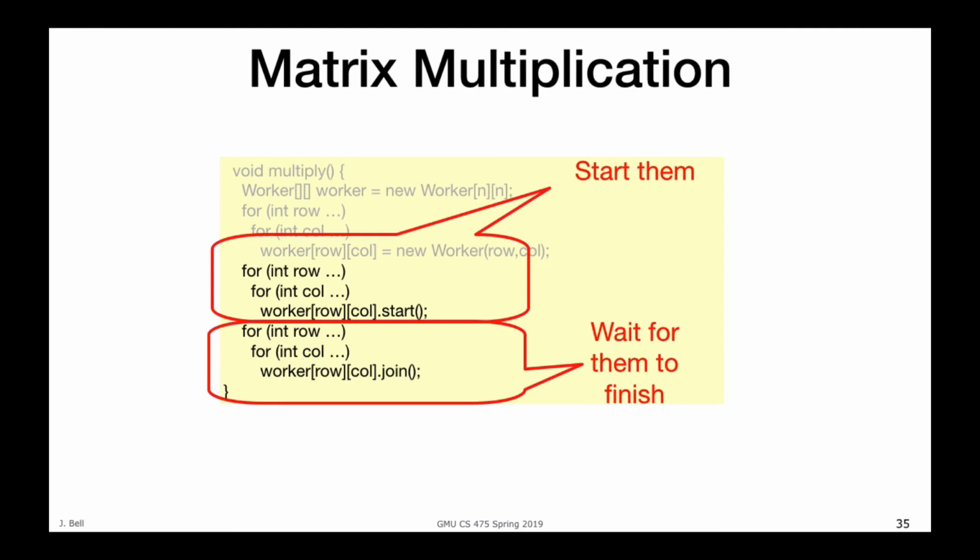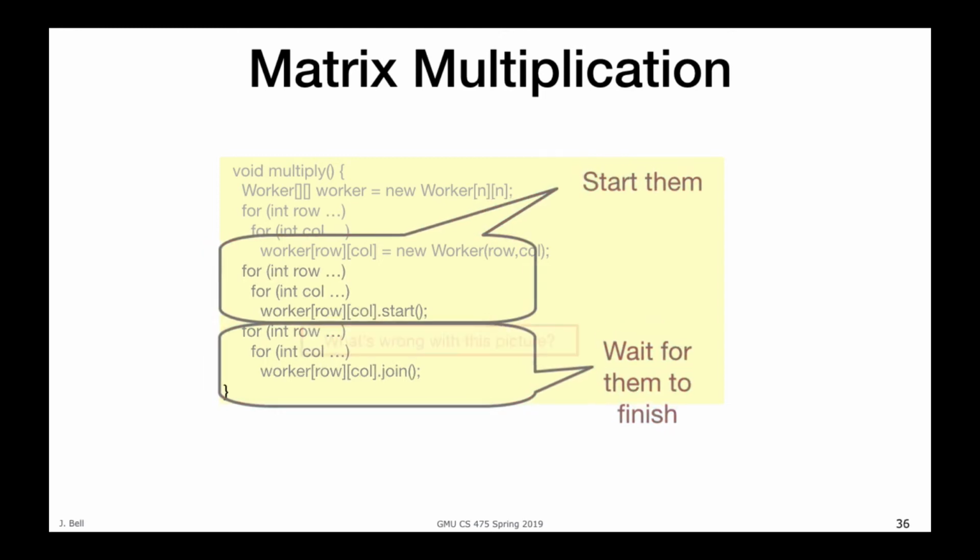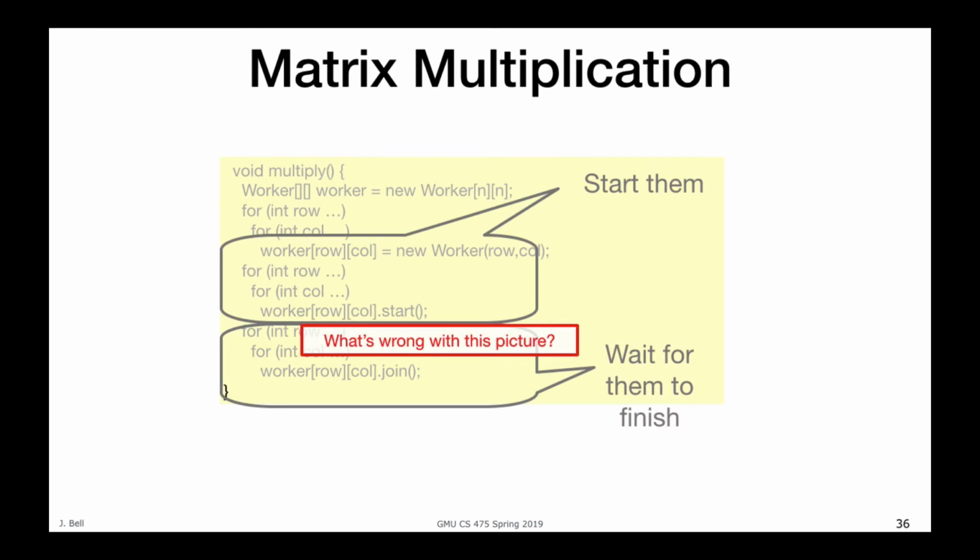Now, I will assure you that this code works, but it's not great. There are some issues that prevent this from becoming an ideal design. What's good, right? This program is highly parallel. I have this n by n computation, and I make n by n threads.